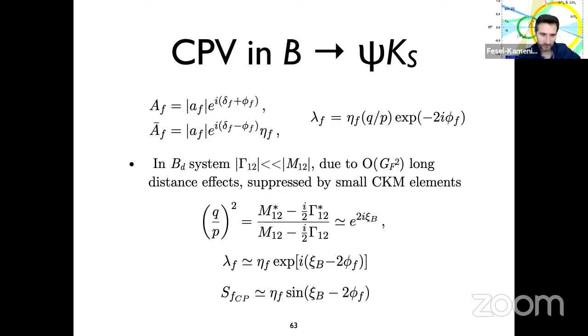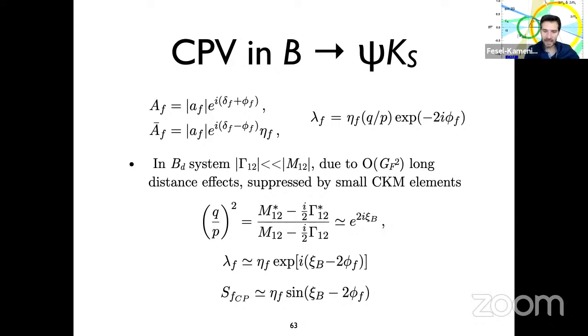And using the fact that in the B_d system, as I said, Gamma_12 is much smaller than M_12, which is related to the fact that delta Gamma is much smaller than delta M, one can expand q over p, and one observes that q over p squared in particular is given completely in terms of the phase parameter between the B0 and B0 bar states, which we defined in the beginning.